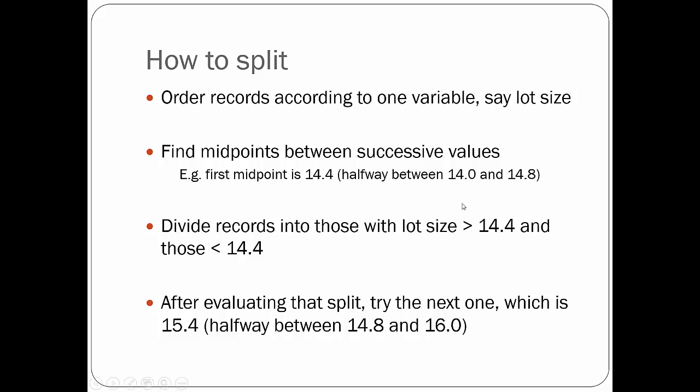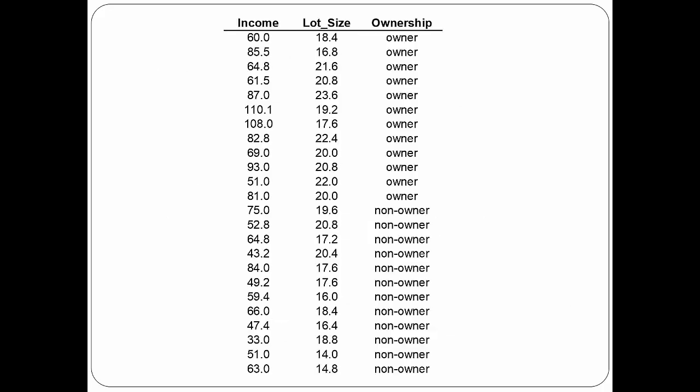Now you have one split, so that's one candidate for split. Then you take the next candidate. The next candidate is the next higher value after 14.8, which I believe is 16.